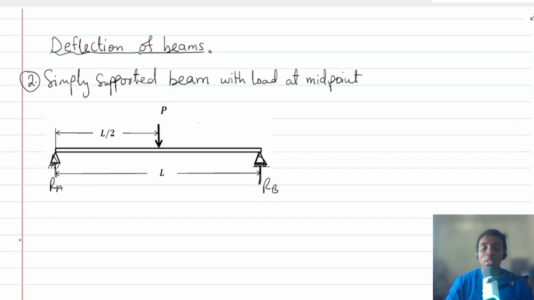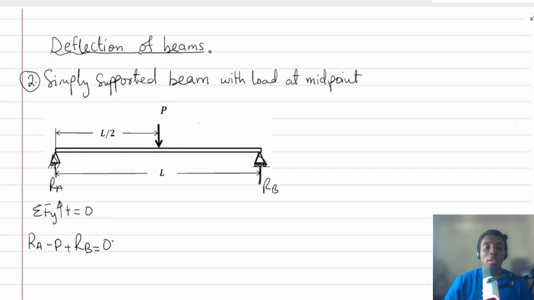Right? Okay, so how can I find these reactions? I'm going to use statics. Okay, so summation of forces. We are going to assume that the whole of this body is in equilibrium. Summation of forces along the y, every force going up should be positive, will be 0. If we do that, RA, which is going up, minus P, which is coming down, plus RB will be 0.